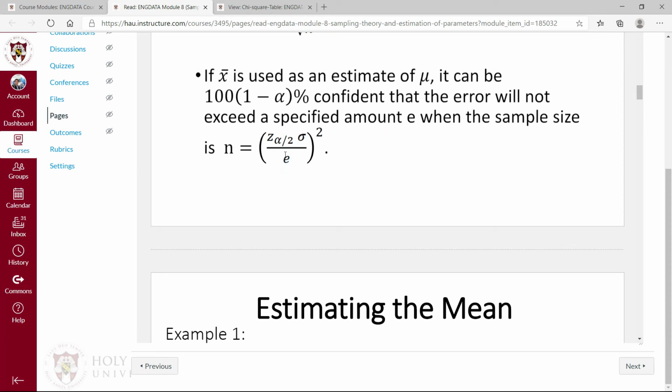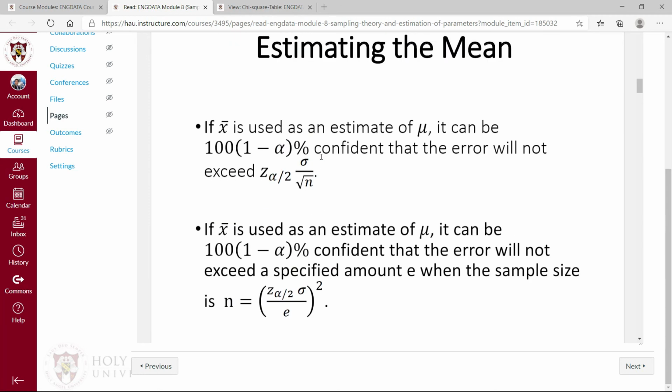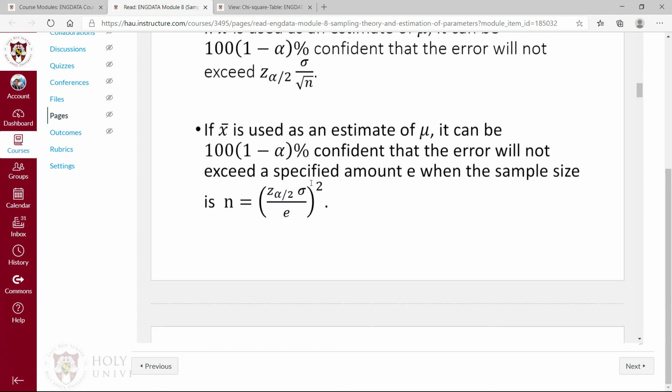This is the margin of error e. This came from the equation given earlier, when solving for n in the margin of error.